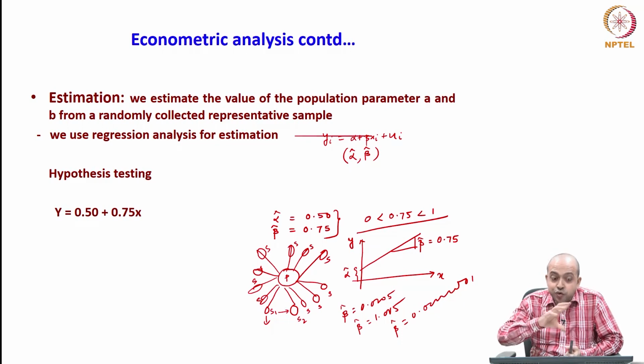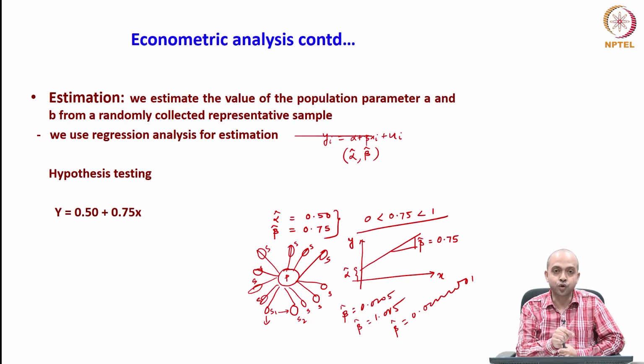So we need to ensure that the 0.75 value you got is not because of a chance factor, but for a statistical reason. That means we need to establish the statistical significance of beta hat.